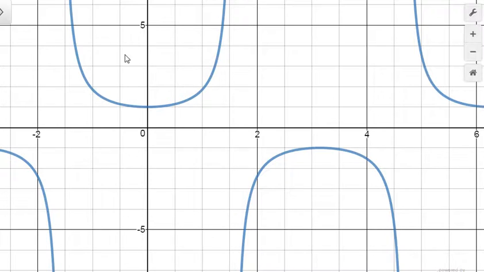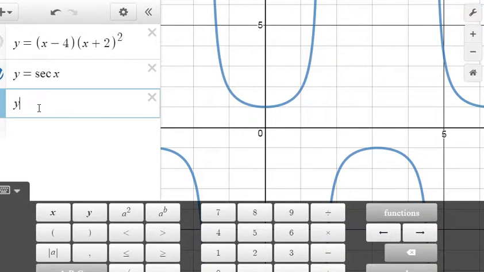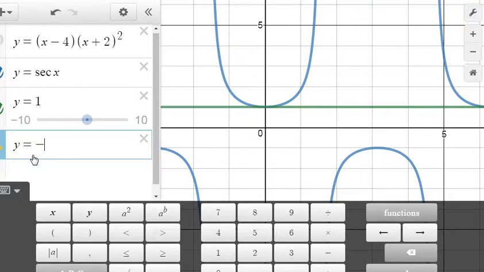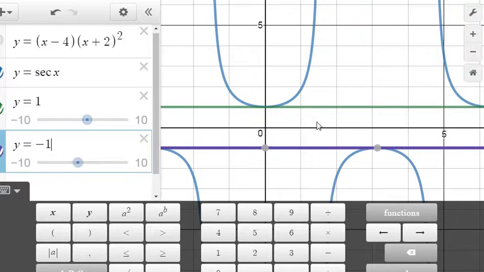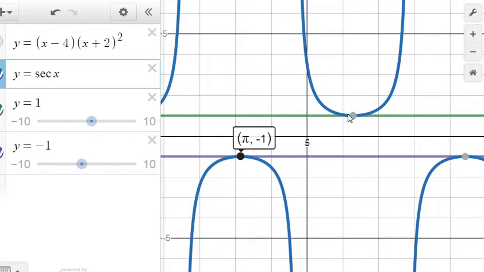Let's take a look at y equals 1 and y equals -1, which might help us determine a couple points. So there's pi, and over here should be 2 pi. The problem we're running into is that there's a vertical asymptote here. Not only is the function not equal between these 2 points, but it's not continuous and not differentiable. So there's a whole host of things going wrong with trying to apply Rolle's theorem to the secant in that interval.